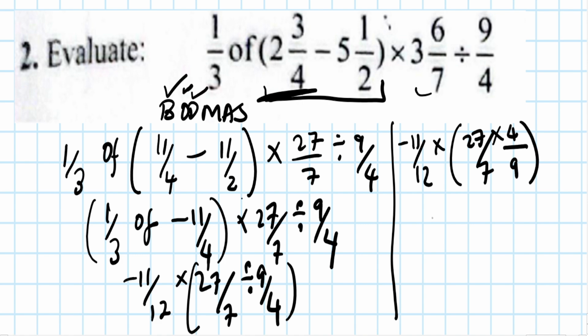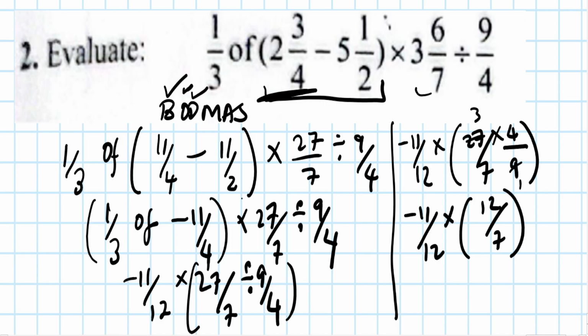Now 27/7 times 4/9 will give you 12/7. Okay, because by 9, 1; by 9, 3; so it's going to be 12/7. Then lastly, minus 11/12 times that 12/7. By 12, 1; by 12, 1; you're going to remain with minus 11/7.